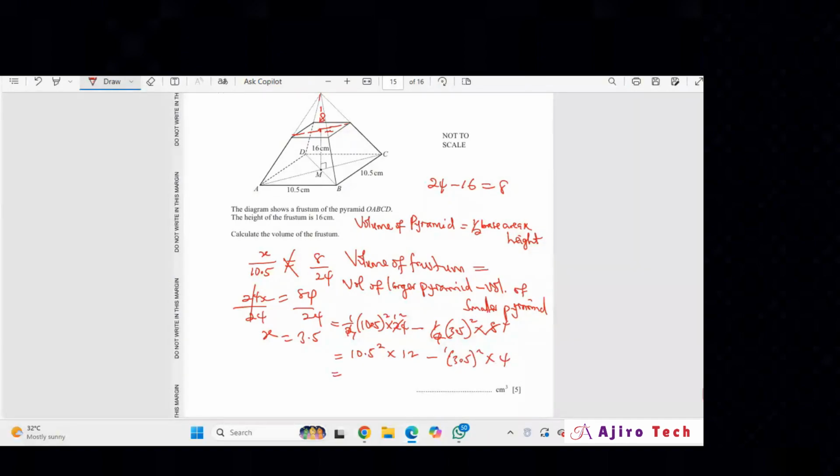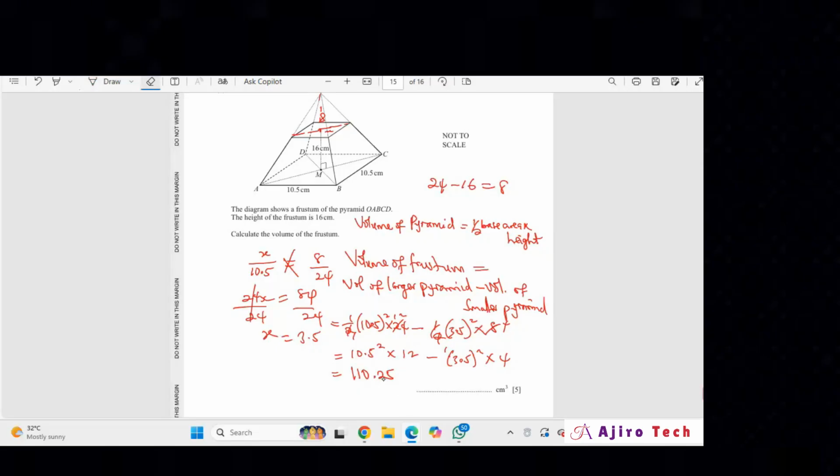So from here, we're going to have 10.5 squared, that will give us 110.25, times 12. Okay, let's do it at once, please.